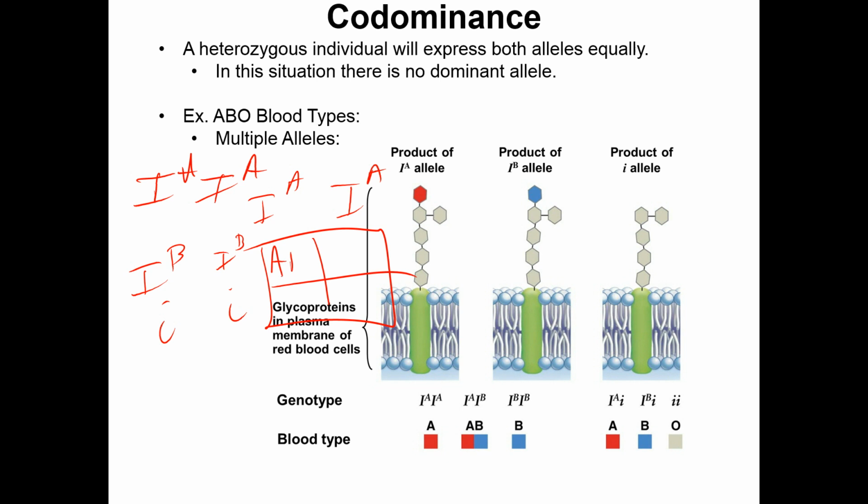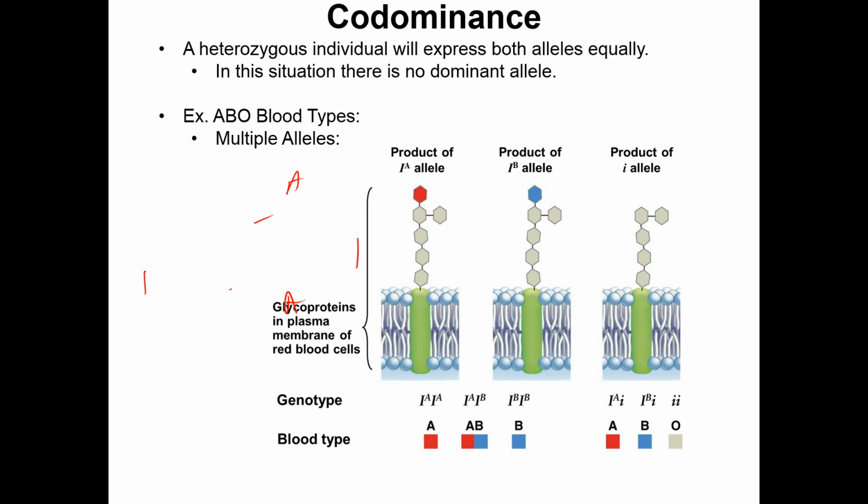So we got AB, we got AB, we got A, and we got A. So the offspring of this cross would have either type AB or type A blood. Doing crosses with blood types is just like any other monohybrid cross.